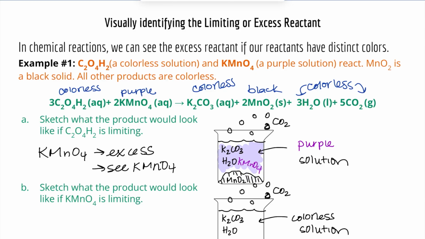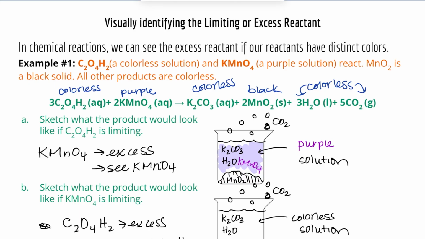If we're looking now at B, sketch what the product would look like if KMnO4 is limiting. Well, if we run out of our KMnO4, this purple solution, that means we're going to have excess of our C2O4H2, and so we would be able to see that in our beaker.